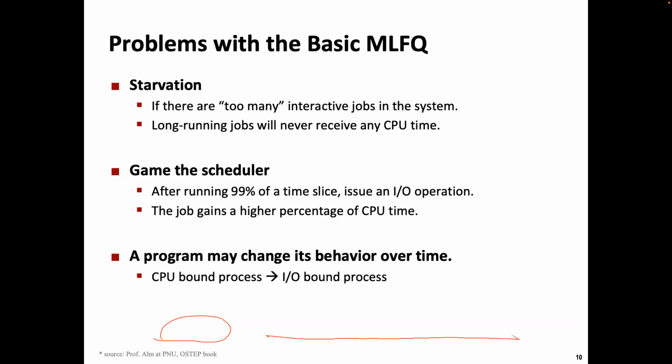But the problem is they already spent the CPU resource for 99% of the time slice, but it's tricky. Okay, and also a program tends to change from a CPU-bound process to an IO-bound process.